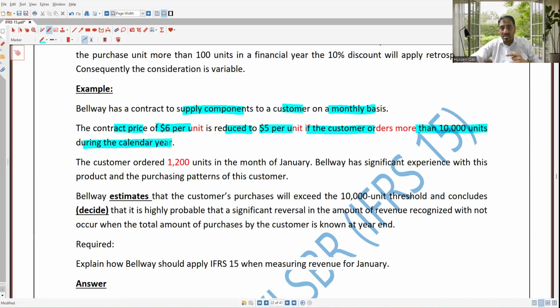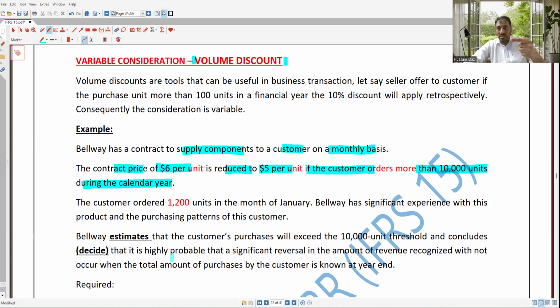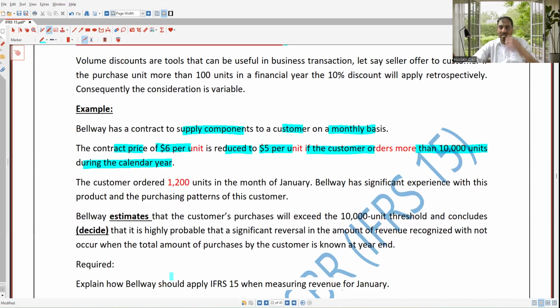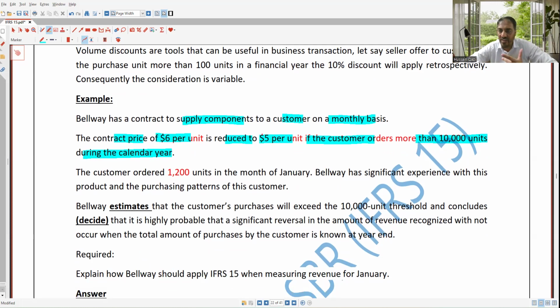So try to understand the issue. That's a volume discount. It's a very common norm in retail business. Okay, the contract has been made for a certain quantity between buyer and seller, but the seller provides an incentive to the buyer that if your order crosses a certain quantity, we will provide you the discount.